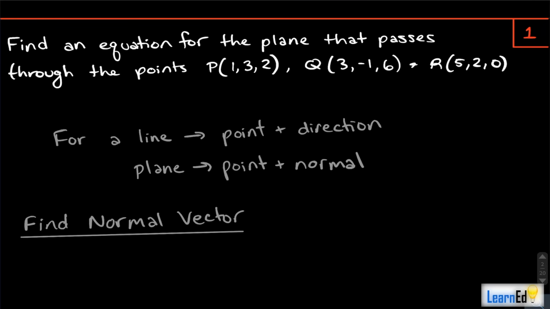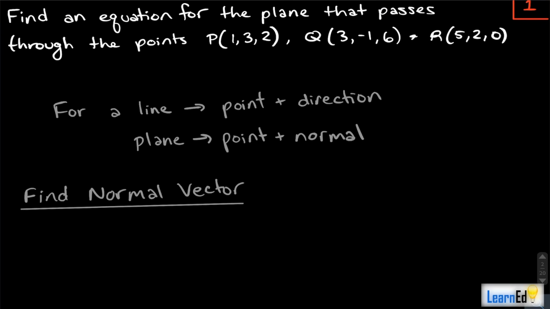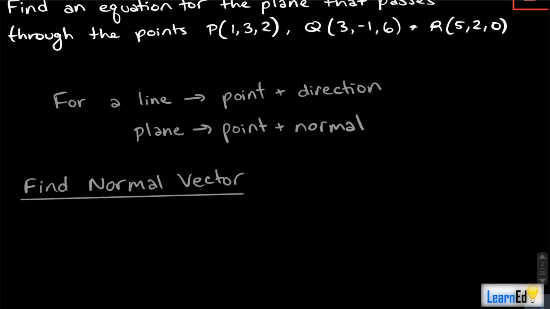Well, we have some points, right? We can find 2 vectors that are in that plane, and if we take the cross product, we'll get the normal vector, right? So I'll even draw that out for you, just so you can get a visual if you're not already seeing that. Okay, so we find 2 vectors.